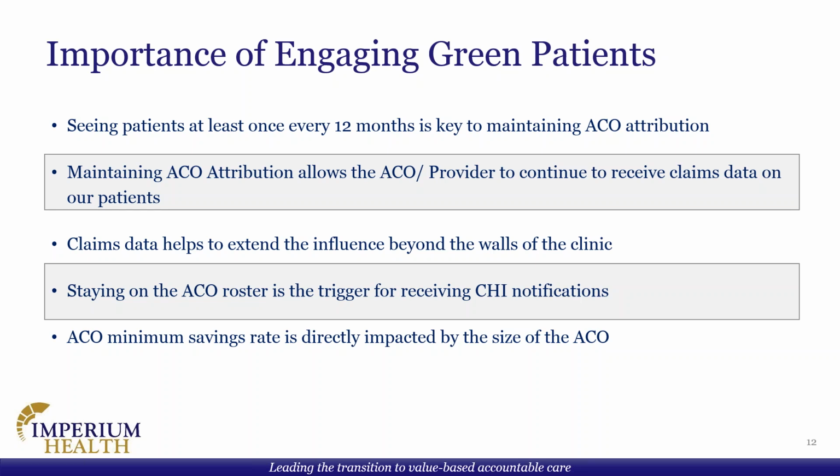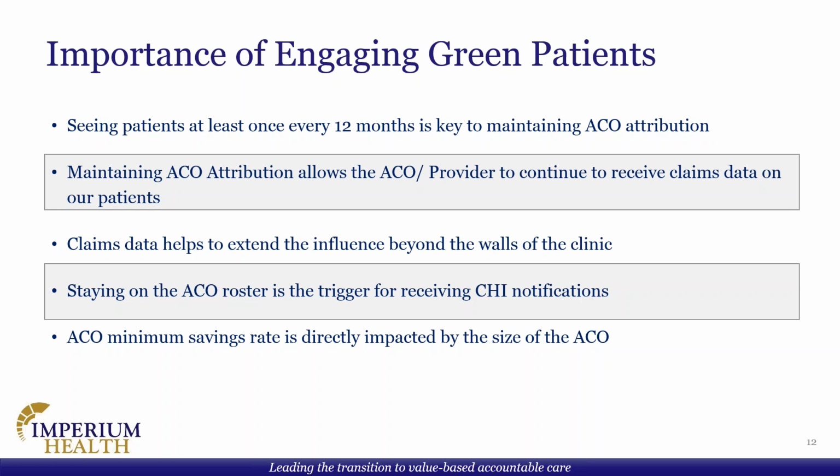And we're going to have almost the same workflow for every patient. We know that the larger our ACO attribution, the more claims data, the more information we're able to get on our patients. And again, our hope is really to turn that data into information that you can use to impact patient care.